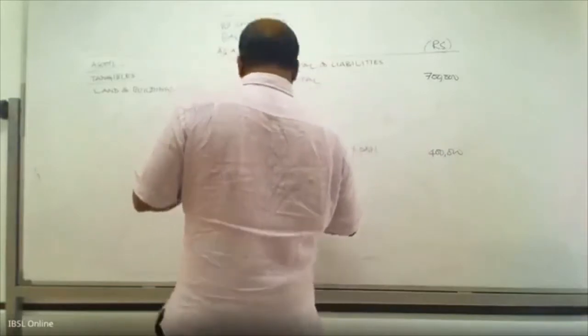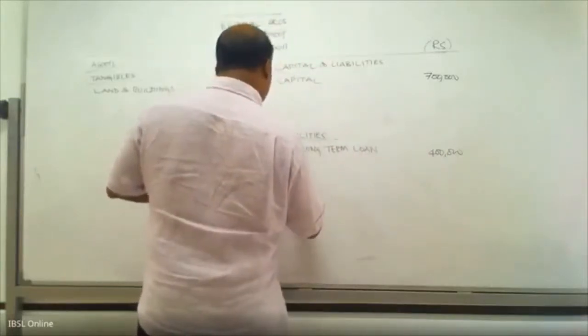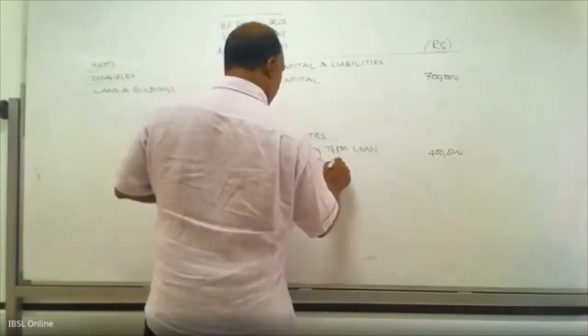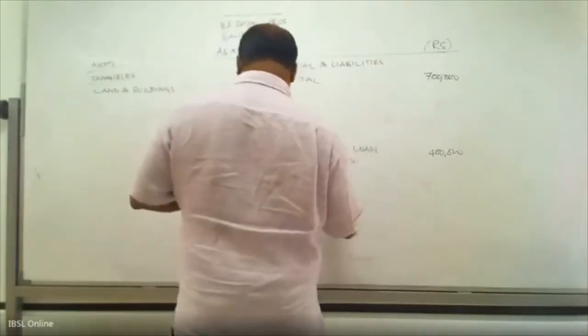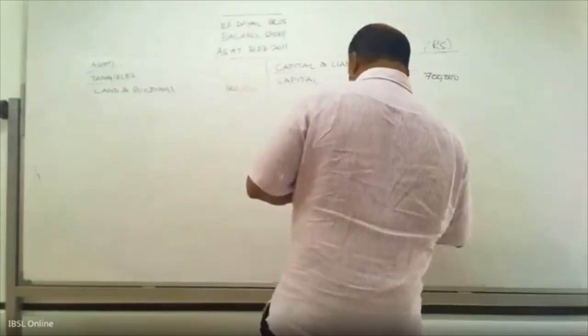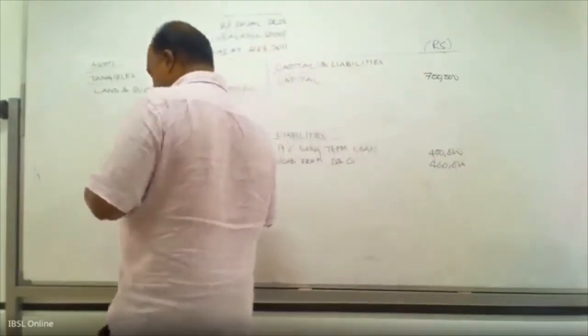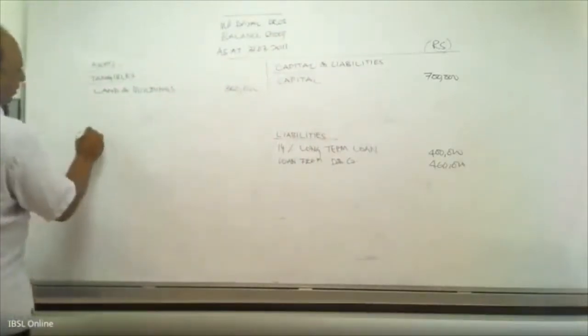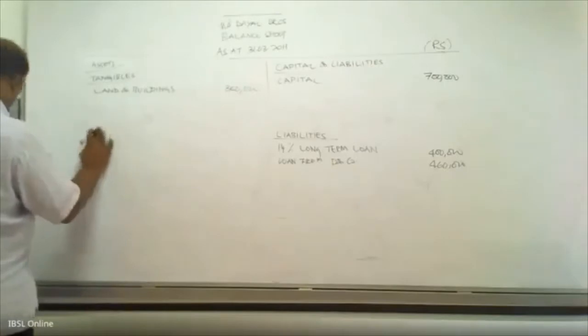And then you have another loan from a company, loan from D&Co. I'm utilizing the space in the best possible way. Then you will have the current assets.